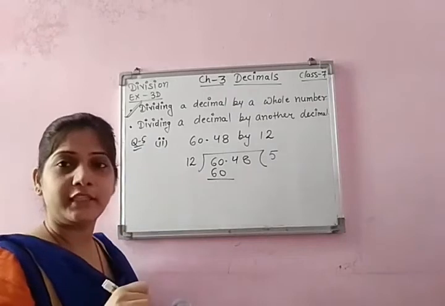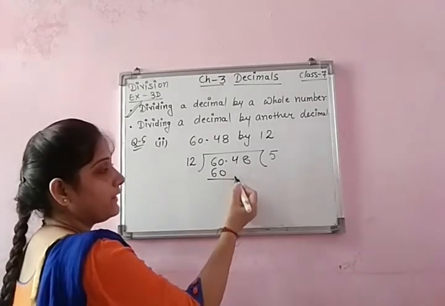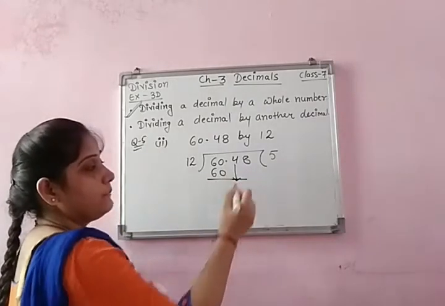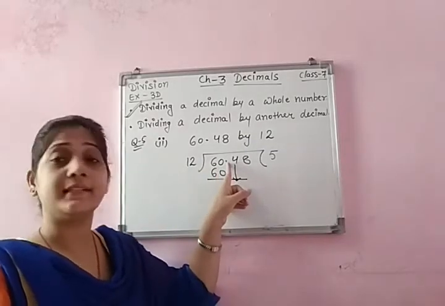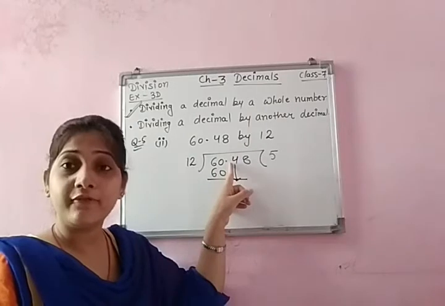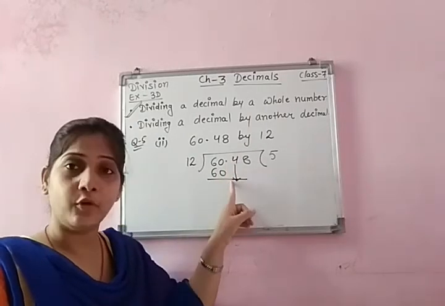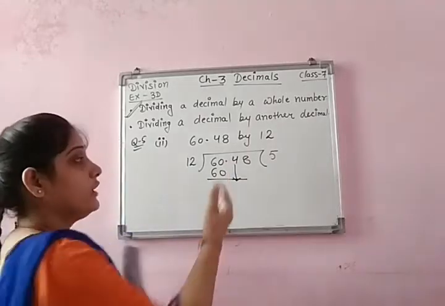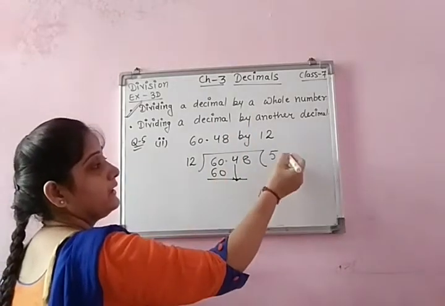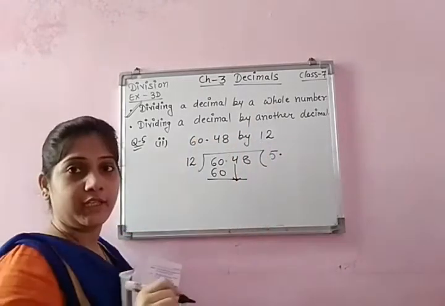That is no need to write. And I want to copy down this 4 downward. But can you see on the way there is a decimal point. If we want to note down this 4, then we have to remove this point from the way. So this point will be written in the quotient.